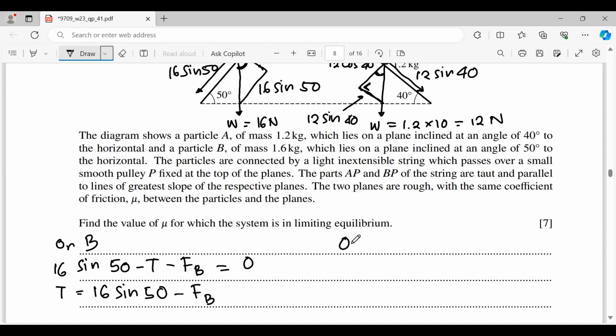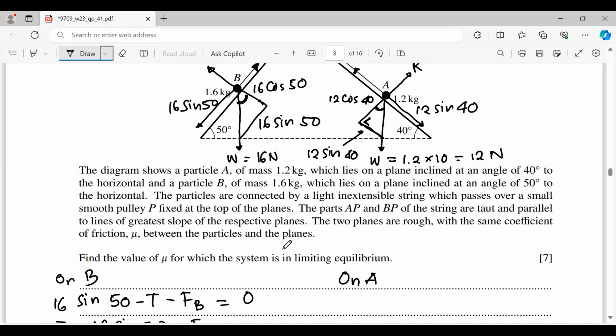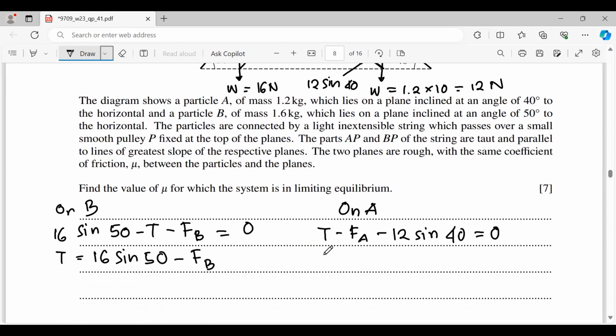On particle A, tension minus force acting on A minus 12 sine 40 equals 0, or tension equals FA plus 12 sine 40.